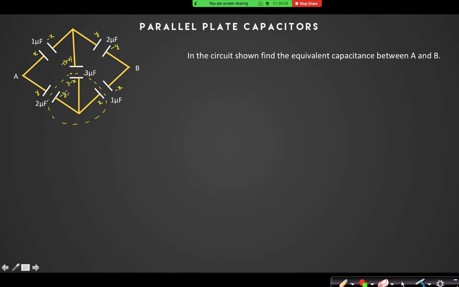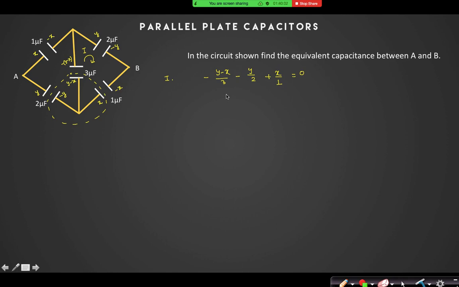Now you can write two loop equations and find the value of x and y. So if I move through this loop 1, then I can write minus of y minus x by 3, minus of y by 2 and plus of x by 1, that is equal to 0. Have you got this one?